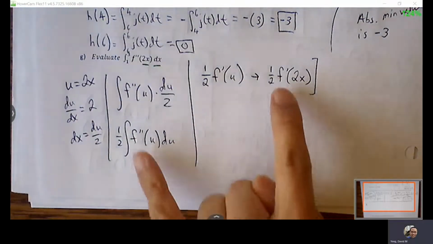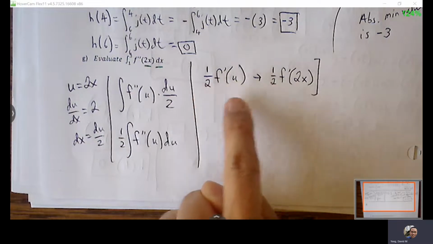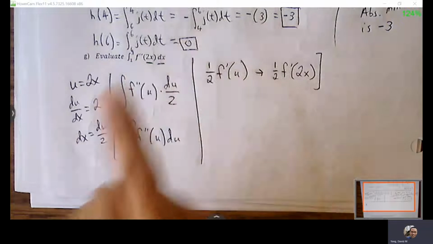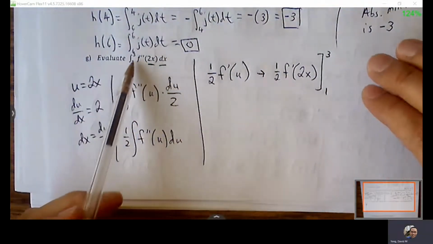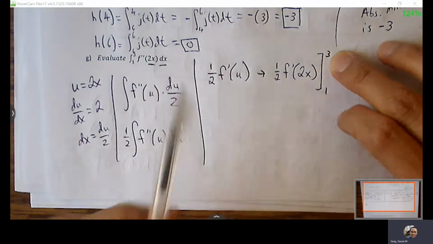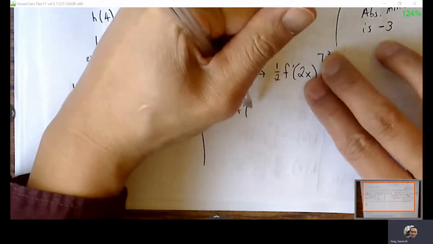And now that I have my antiderivative with U substitution adjusting for that additional coefficient, now I can work in the bounds. The variables match. My 1 and 3 are in terms of x. My antiderivative is in terms of x. So insert starting with the upper bound. 2 times 3 is 6.